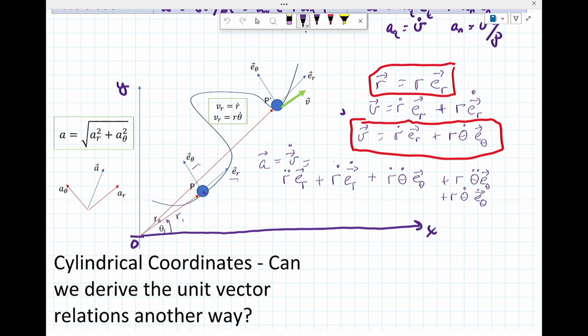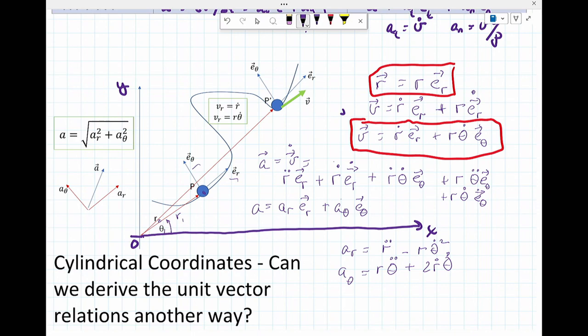But I end up with acceleration, which is a_r E sub r plus a_theta E sub theta, in which case acceleration in the radial direction is r double dot minus r theta dot squared. Acceleration theta is equal to r theta double dot plus twice r dot theta dot.